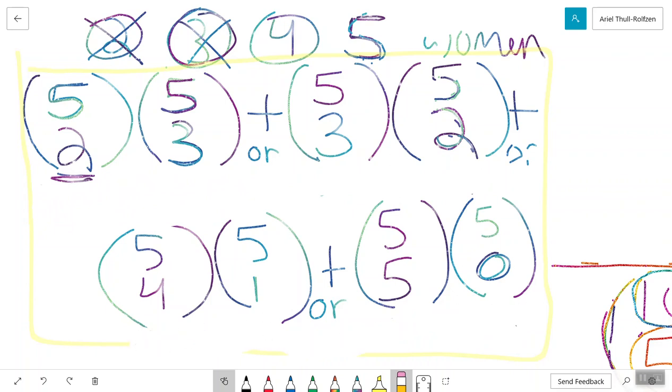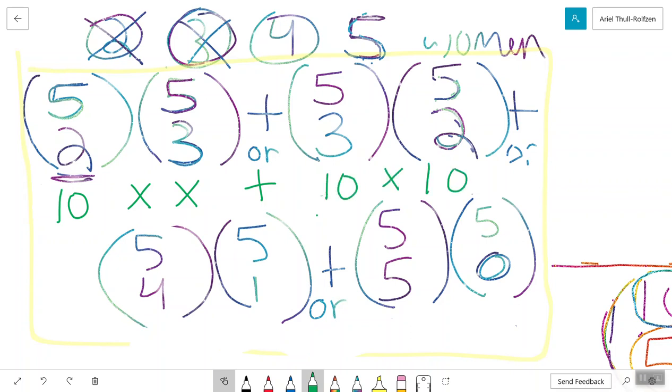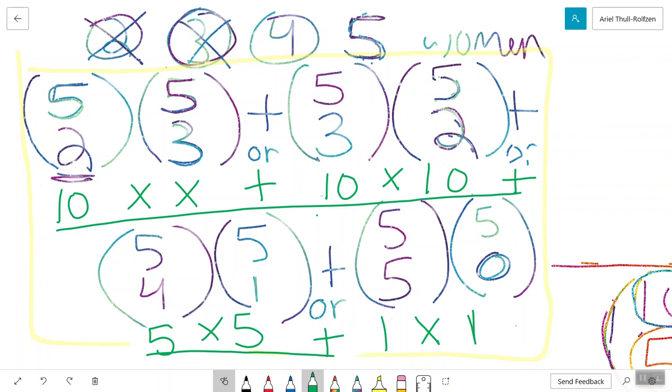If you type 5 combination 2 into your calculator, you're going to get 10, and we're multiplying here because they're right next to each other, times 10, plus, because it's or, we're going to have 10 here, times 10 here, plus, because there's or, 5 here, times 5 here, plus, because there's an or, 1 times 1. And when I am done solving for all of this and doing all of the math, I get 226.